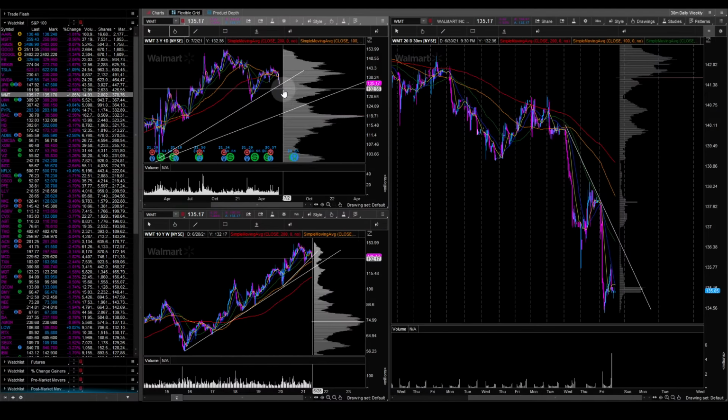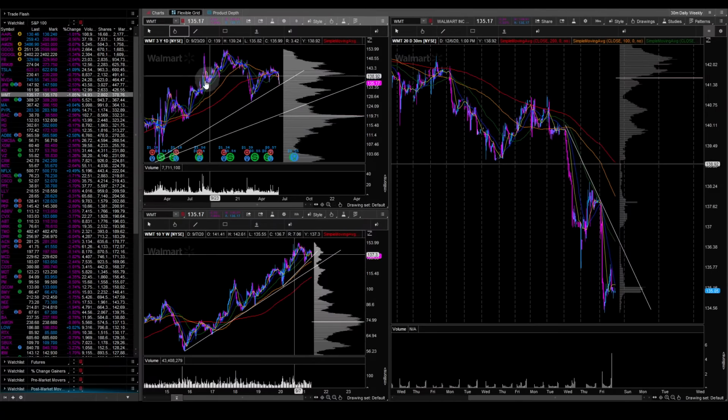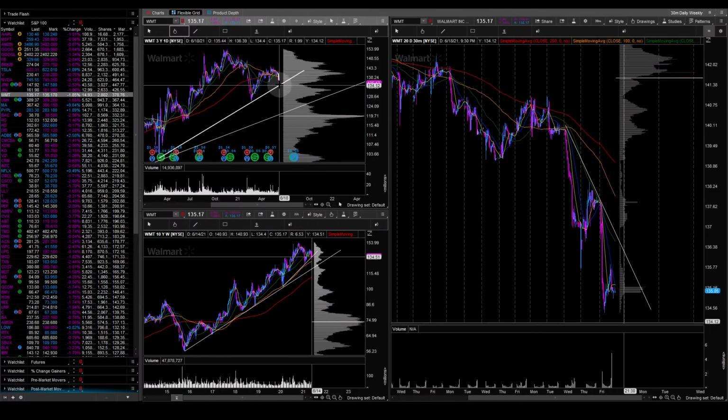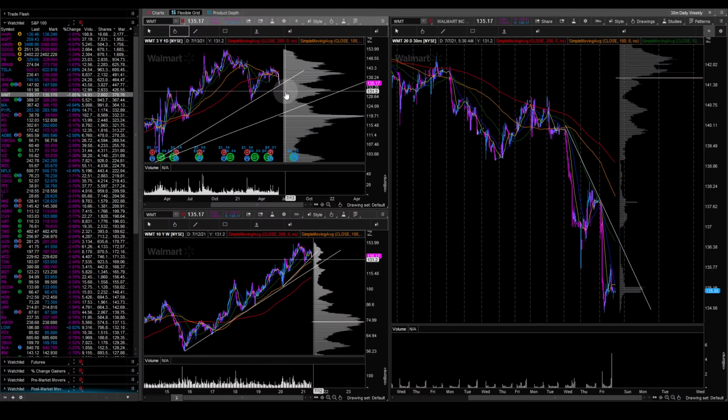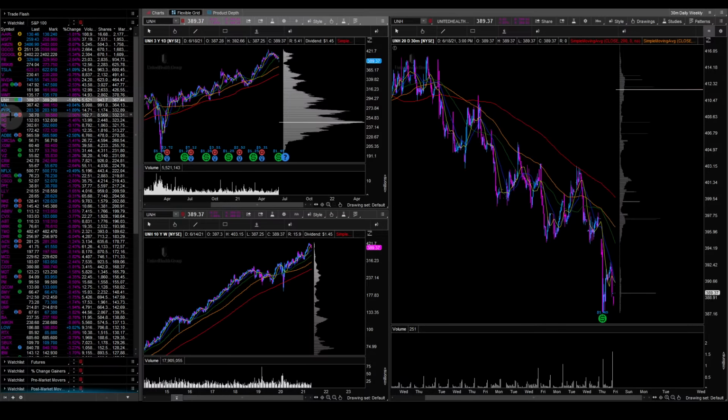You might get a little false breakdown, but this doesn't bode well. I wouldn't be long here, no way. Short biased all the way, even if only for 4 or 5 points, right? Or $4 or $5. So there's Walmart, more likely downside.